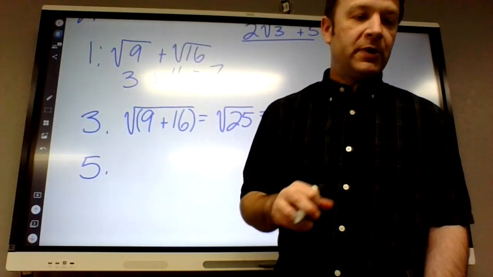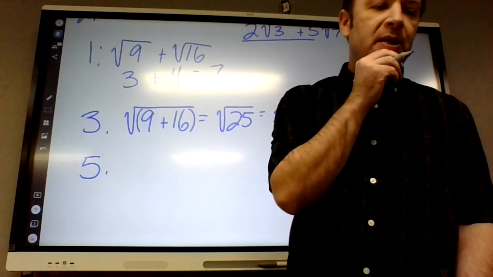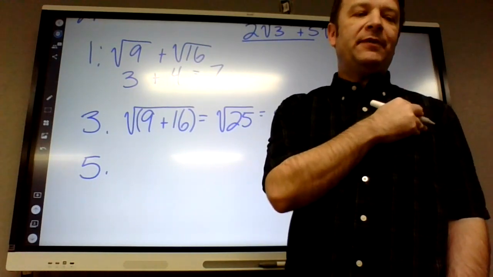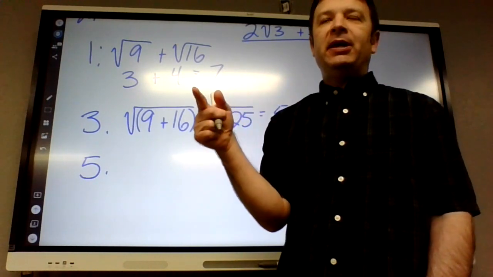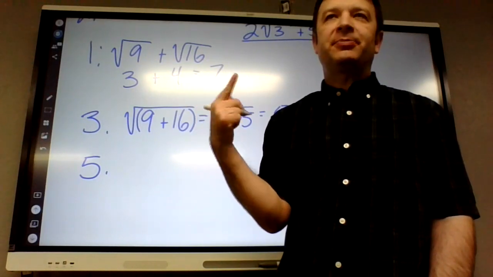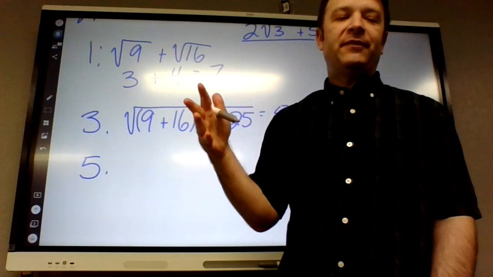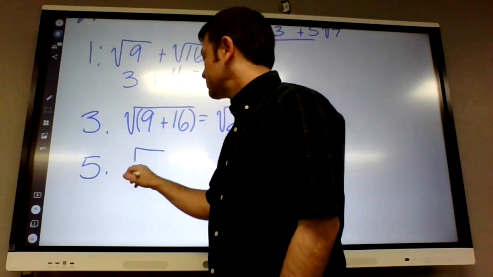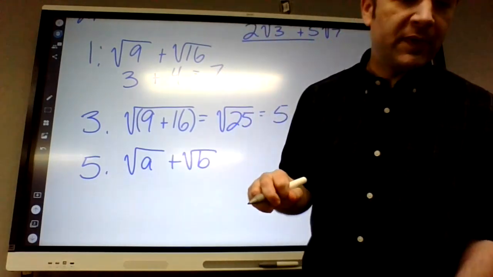Fun, fun, fun. Okay, number 5, multiple choice. It says if A is greater than 0 and B is greater than 0, what do we know about A and B? They're positive. Okay, so if A and B are positive, which of these is bigger?